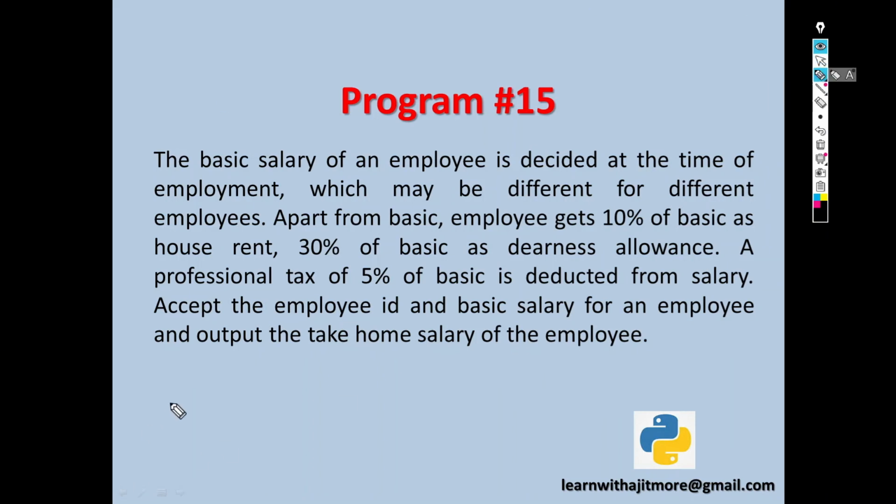Whatever is his basic salary plus the house rent allowance plus the dearness allowance minus the professional tax. This is the salary which is going to take home. Very simple, it is a basic calculation. The input is employee ID and the basic salary.